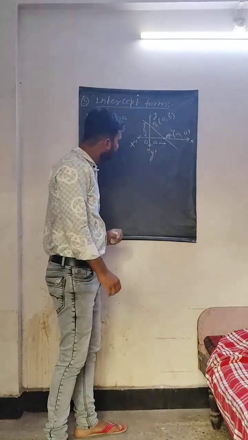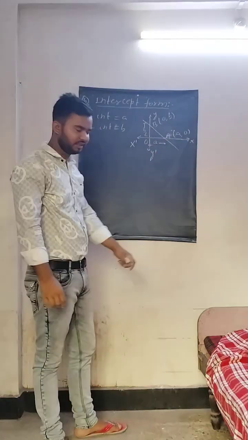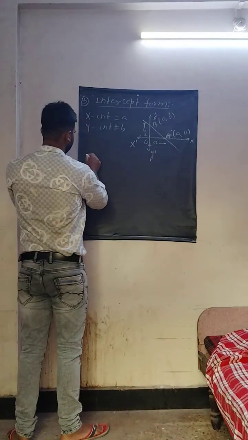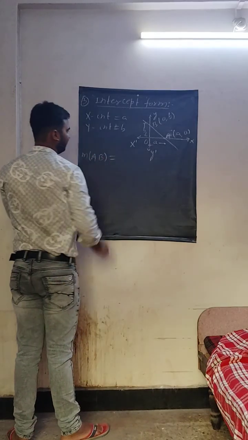We can find the slope of line AB passing through (a, 0) and (0, b).